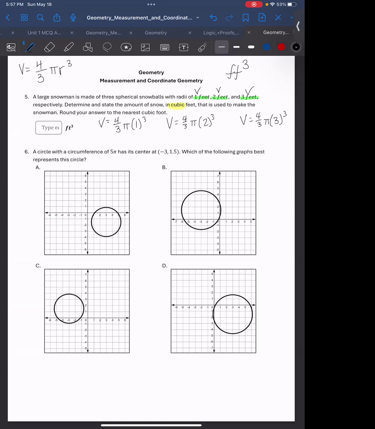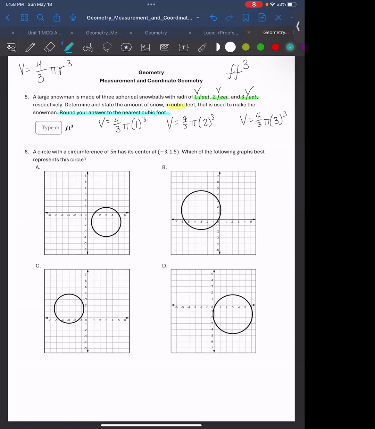I have a question. Yes. For this type of problem, do we leave pi alone too, or do we multiply it as well? In this problem, we are going to multiply with the pi because the end of the question says round your answer to the nearest cubic foot, so they want a whole number.